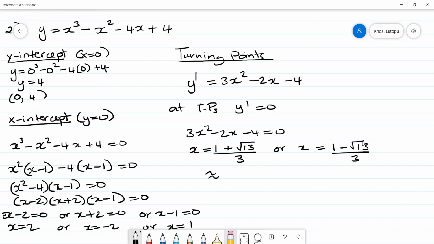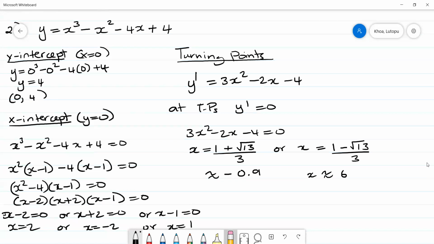So this is approximately negative 0.9. I write it only to one decimal place because it's easier to approximate on my graph. And then here x is approximately 1.5. Sorry, I got that mixed up.